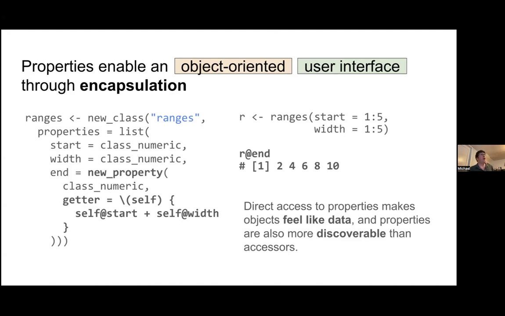And so we're thinking about within S7 being a little bit friendly or accommodating when it comes to some of these things. For example, if you have class_integer there instead of numeric for a start and width, we might automatically coerce a numeric or double vector into integer, for convenience purposes.